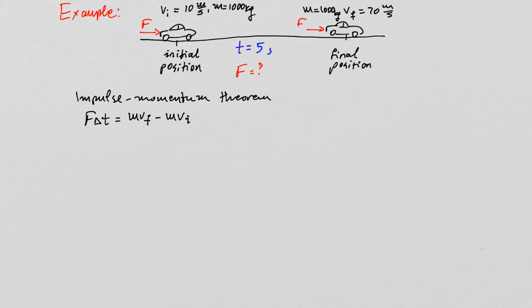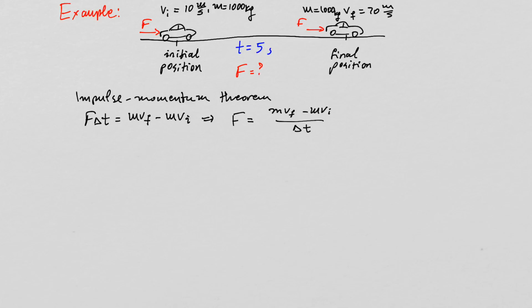Okay, so since I'm looking for the force, I'm going to rearrange the terms in this formula and solve for the force. So the force will be equal to m v final minus m v initial divided by delta t.